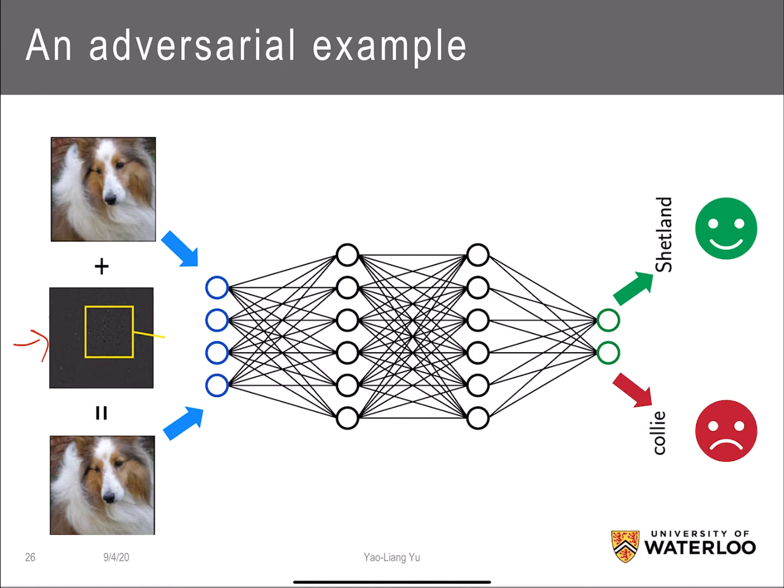And the difficulty here, of course, is how do you construct this noise that does not change the appearance of the input image, but nevertheless makes the network produce a different prediction? So we want to actually compute this perturbation. How do we compute this perturbation? That can be formulated as an optimization problem, and you can actually use the algorithms we learn in this course to solve that optimization problem.